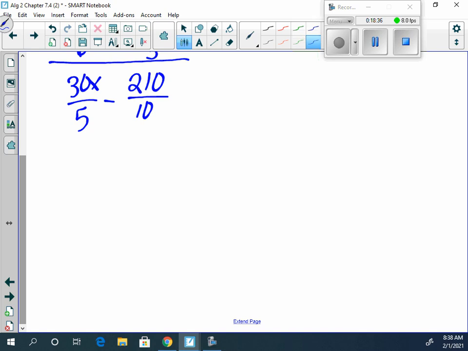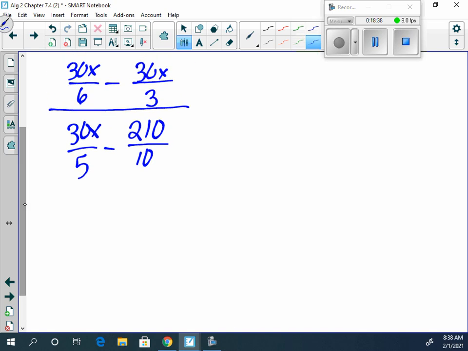I thought that would be. It is, and it looks like it'll work here, but it might not work every single time. Because if for some reason they said negative, or x over 3 plus x over 6, then it wouldn't work as well. You'd have to cross multiply. So there are ways to get to it that way, but it may work, it may not.